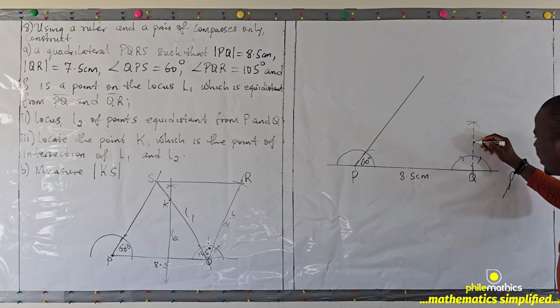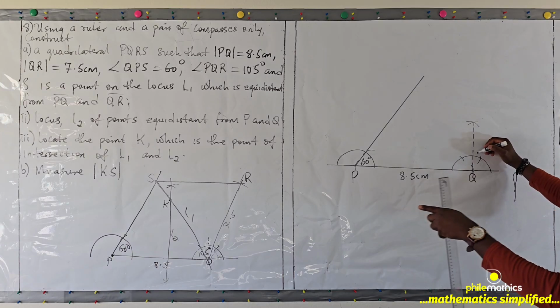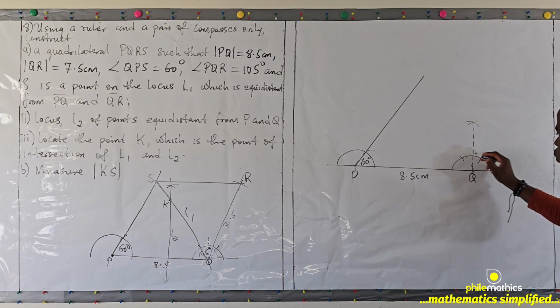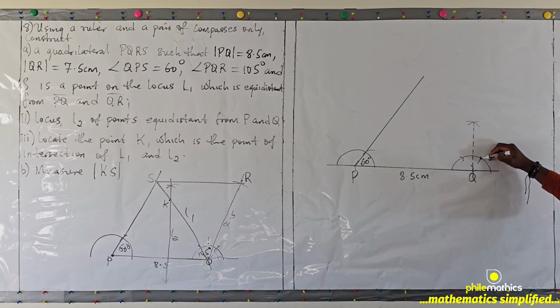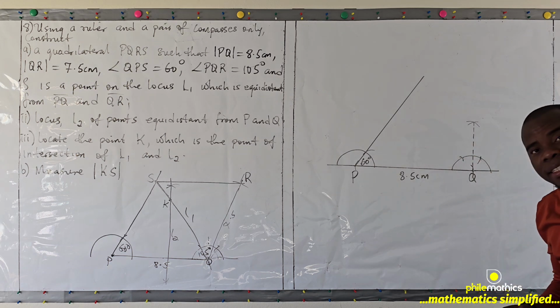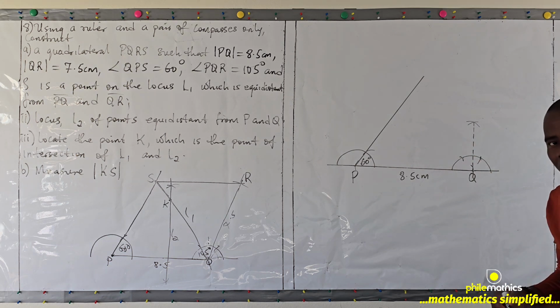So we have gotten 90. What we are looking for is 105. This is 60, this is 90. Remember, this is 120. From here to here is 30. So we have to bisect this 30 to add 15 to the 90, because 90 plus 15 is 105.